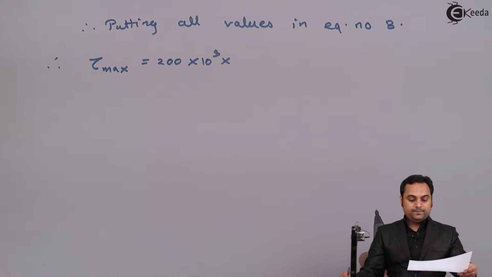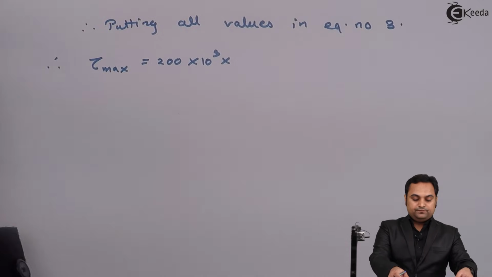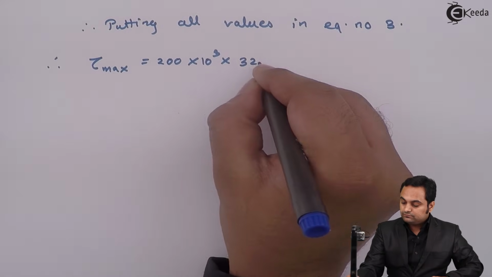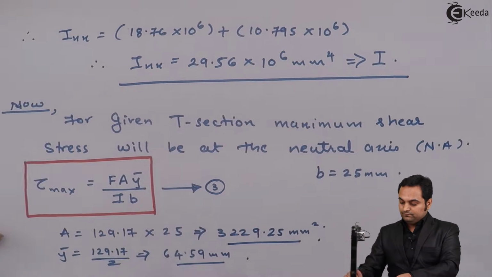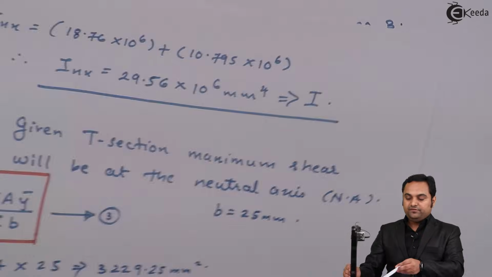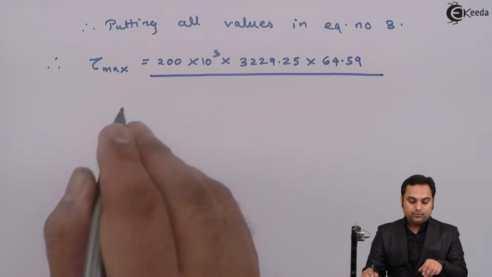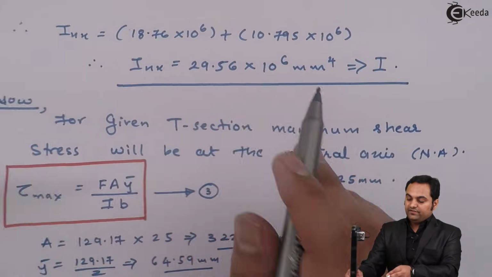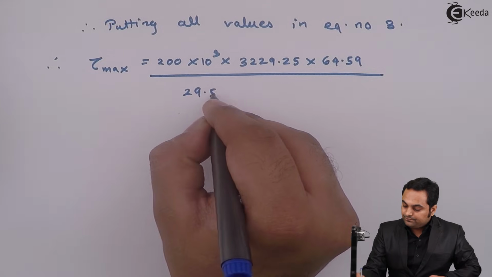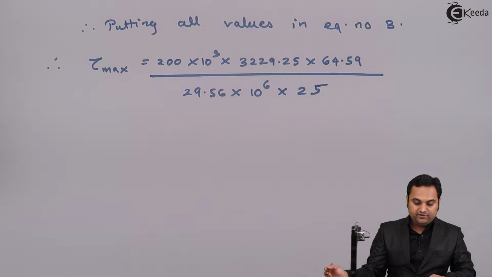Next, area capital A, which we have found out, I'll put the value. Then the y bar value is 64.59 upon I B. I is 29.56 into 10 raised to 6, and B is 25, the width of the web.